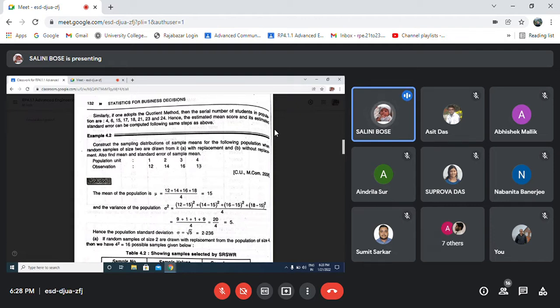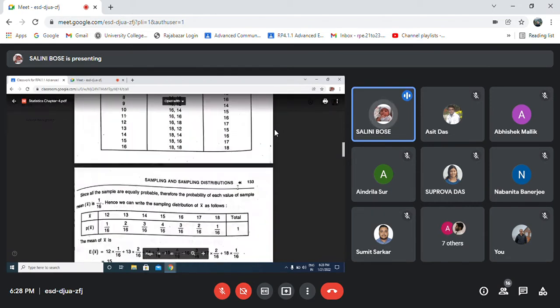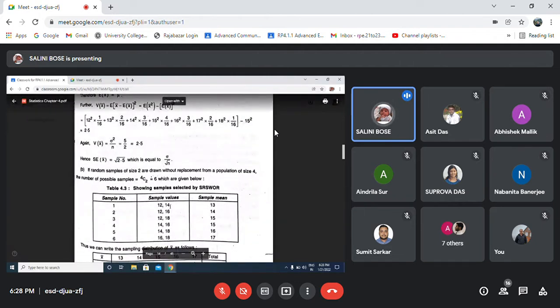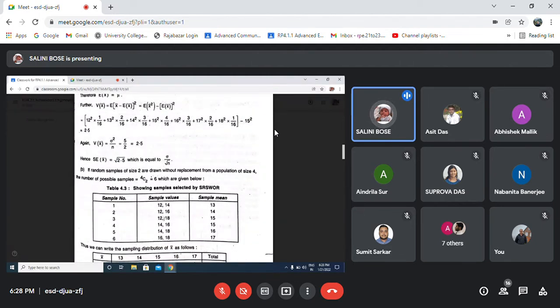The next sample may be 16 with 18, and 12 comma 12 cannot be taken because 12 is already taken. So here the samples will be like this: 12 comma 14, 12 comma 16, 12 comma 18, 14 comma 16, 14 comma 18, 16 comma 18. Clear? So these are the sample values.